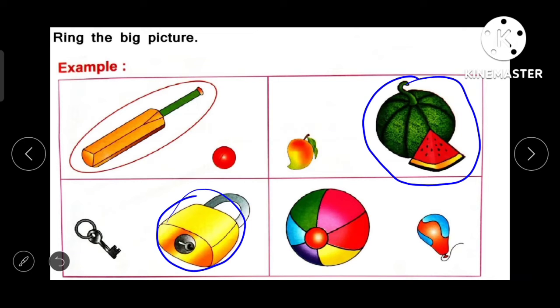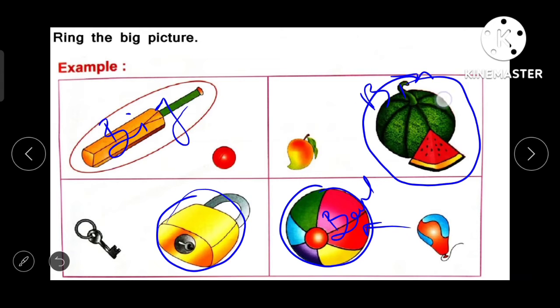Here balloon and ball, the size of ball is bigger than the balloon. So this one is big, this one is big, and this one is also big in size.